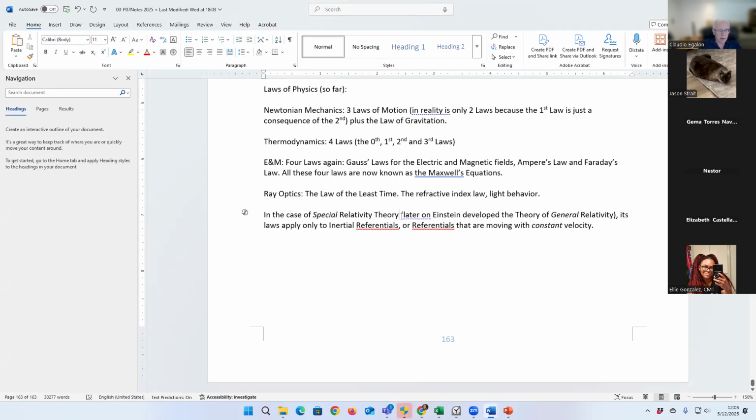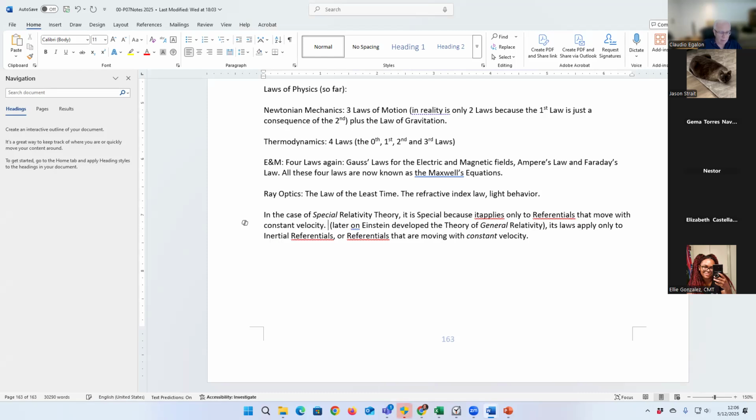In the case of the special theory of relativity, it is special because it applies only to referentials that move with constant velocity.